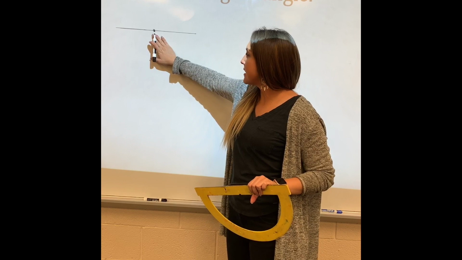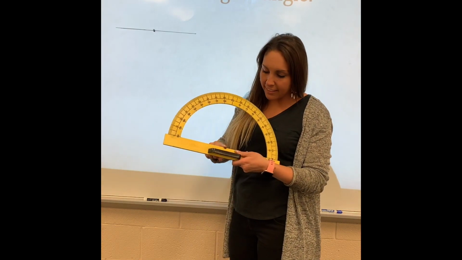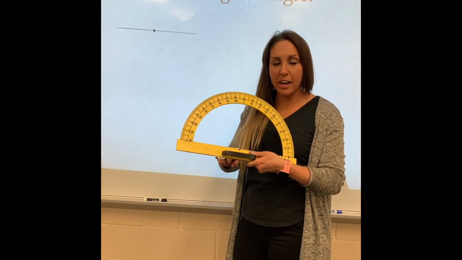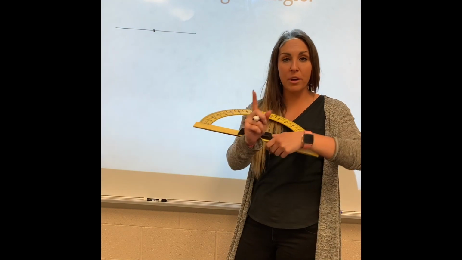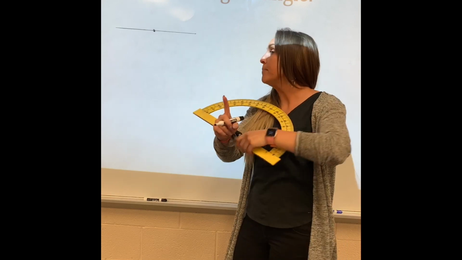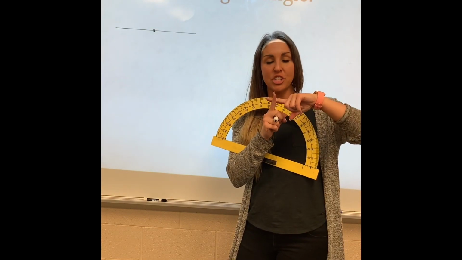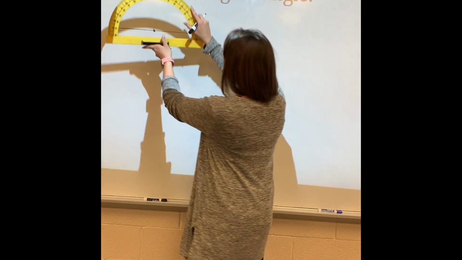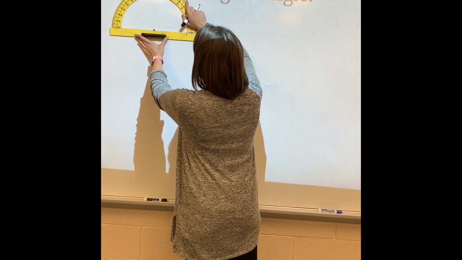So I've got a dot at the center of my line, and now you see that little T at the very bottom of your protractor. You're going to line up where that T intersects, where those two lines come together. You're gonna put that intersection right on your dot. So this would be my T.